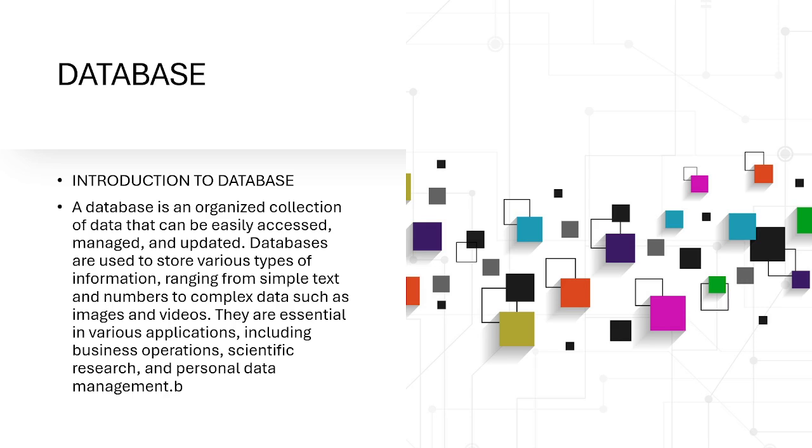When you go to buy stuff, it collects your sales information, what you bought, and stuff like that, and stores it there. Same thing with a website. When you go to an interactive website, they collect your data and store it in a database. So they are essential in various applications, including business operations, scientific research, and personal data management.